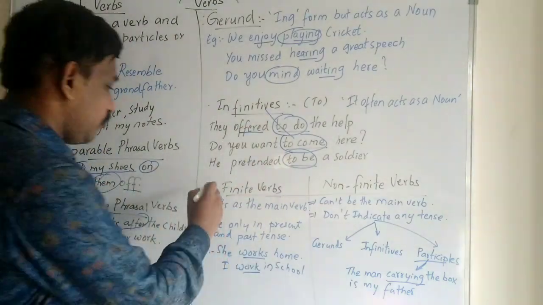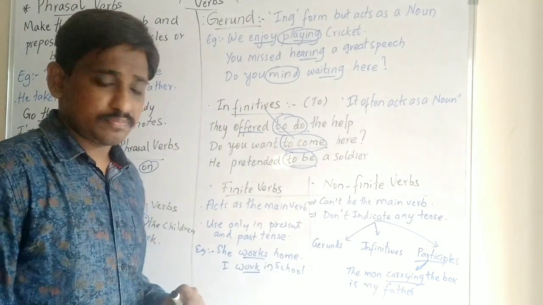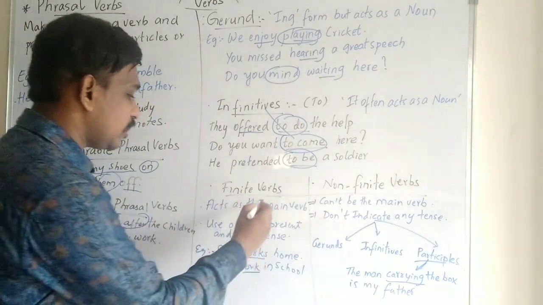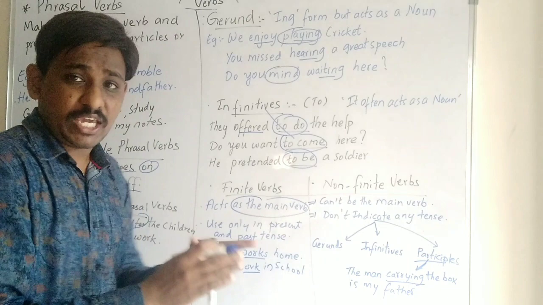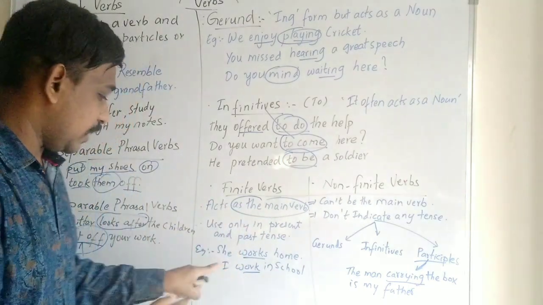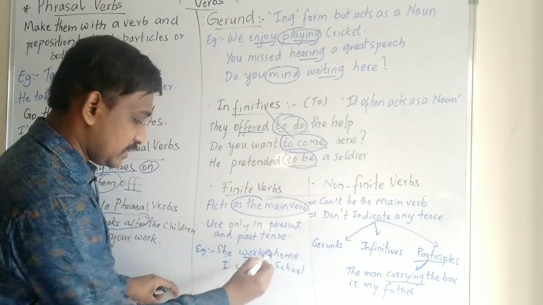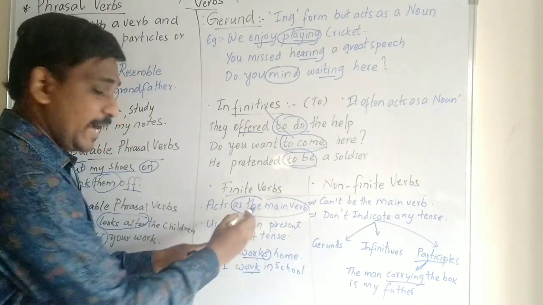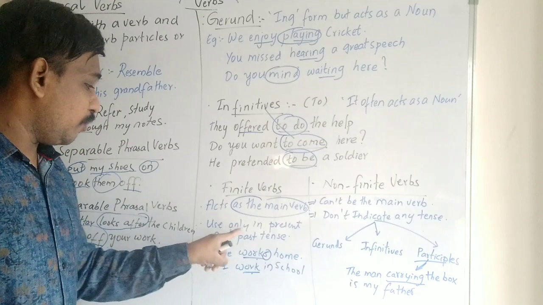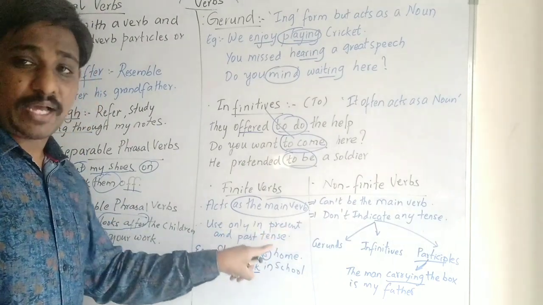Next part, finite and non-finite verbs. Finite verbs usually act as the main verb and they change according to the tense. For example, she works, I work. S is added, so they change. They act as the main verb and we use them only in present and past tense.